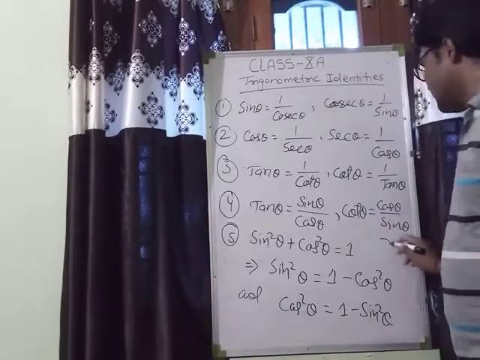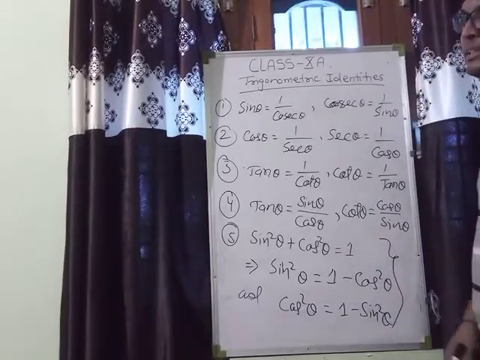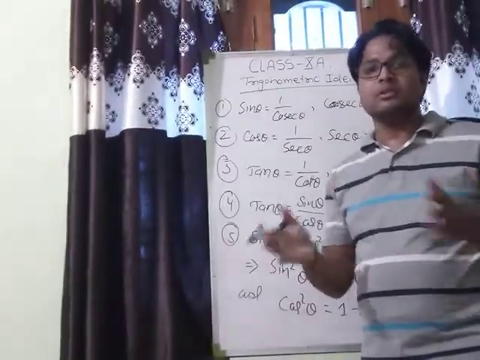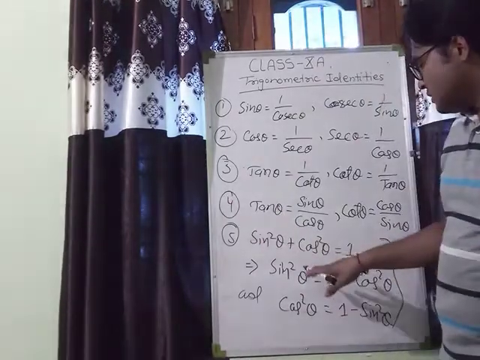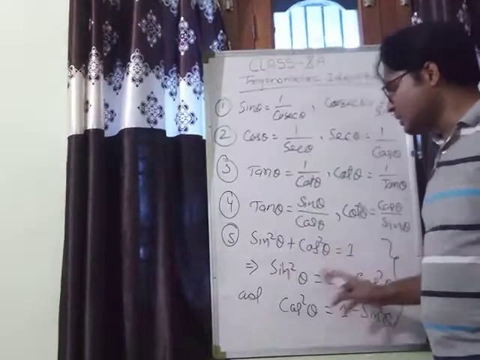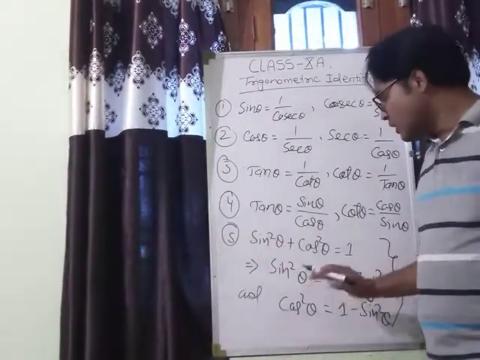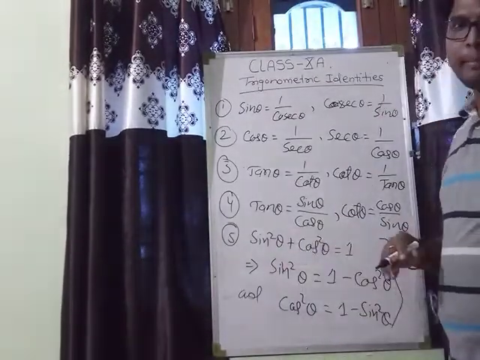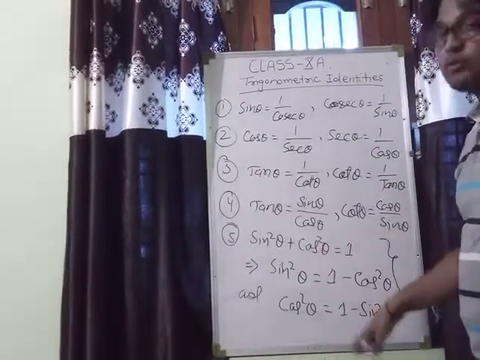So actually these three are not different identities. This is the identity, sin square theta plus cos square theta is equal to 1, and these two come from here. But you have to learn all of these.